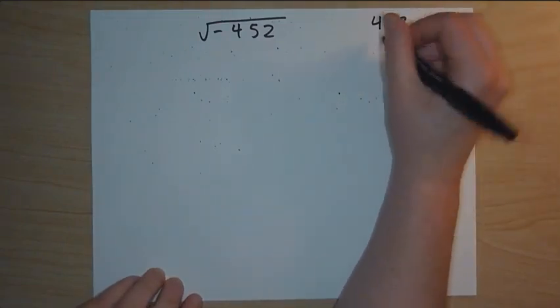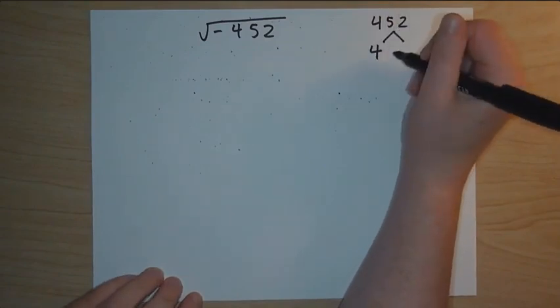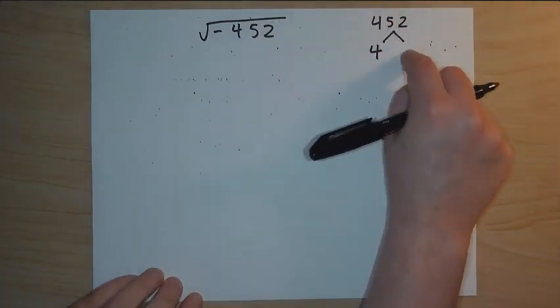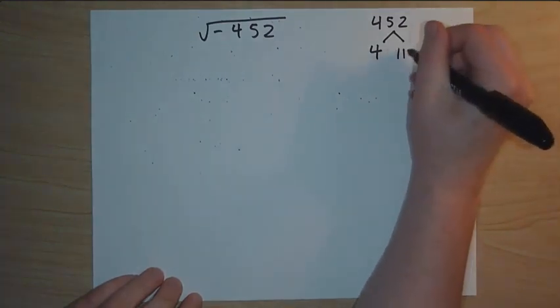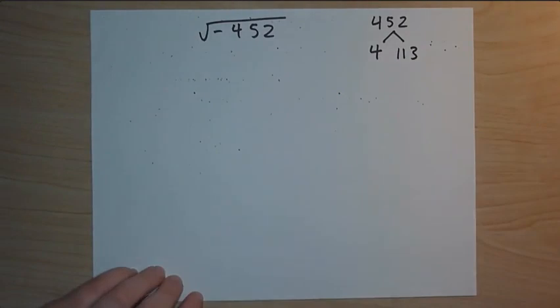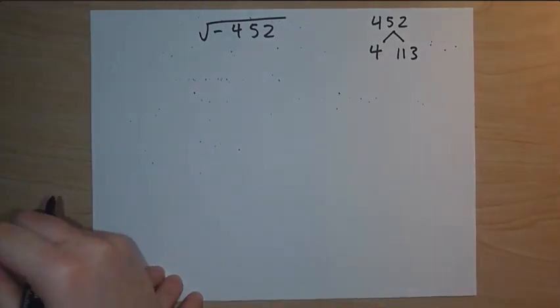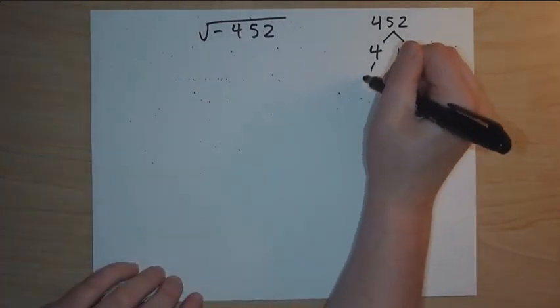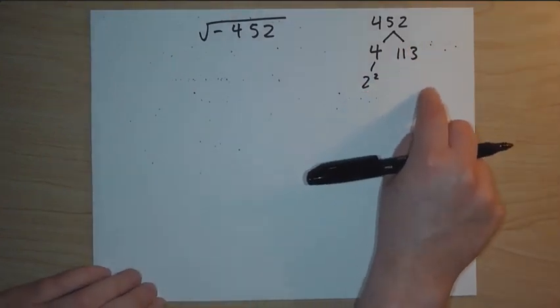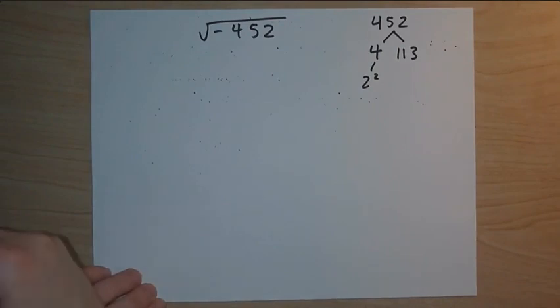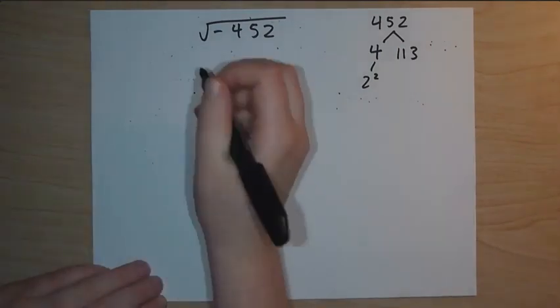If we can divide it by 2 again, we find out we can divide it by 4. And if we divide it by 4, we're left with 113. 113 doesn't really have any perfect squares. 4 is a perfect square. It's 2 squared. So we can rewrite it as 2 squared. 113 doesn't really have any perfect squares, so we're just going to keep it as it is.